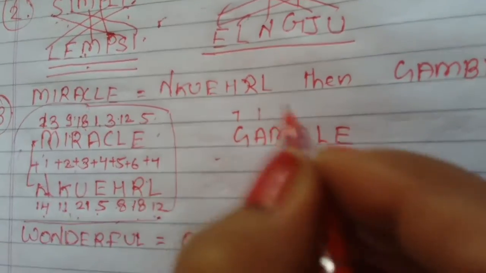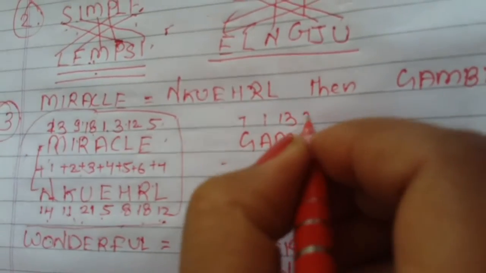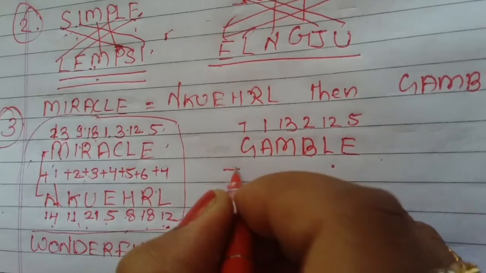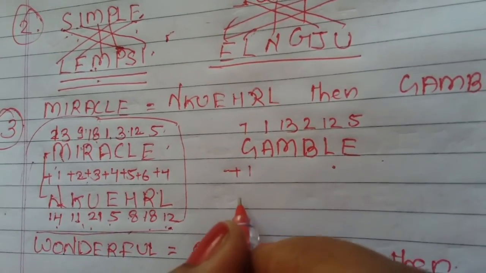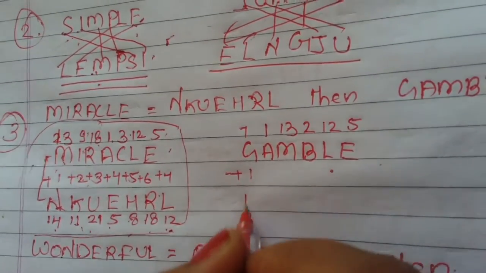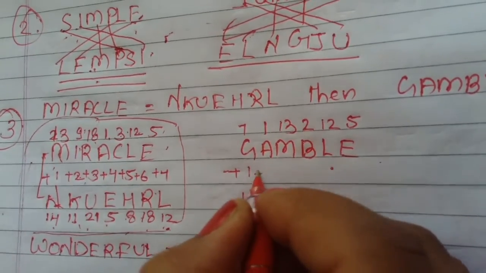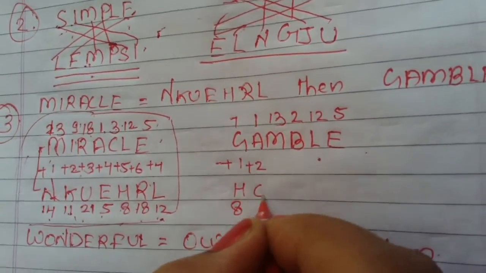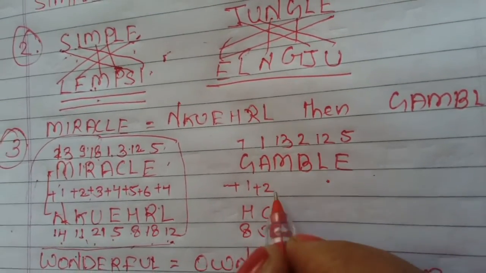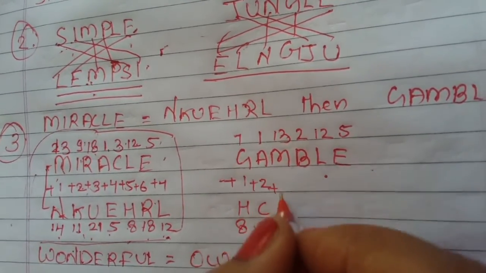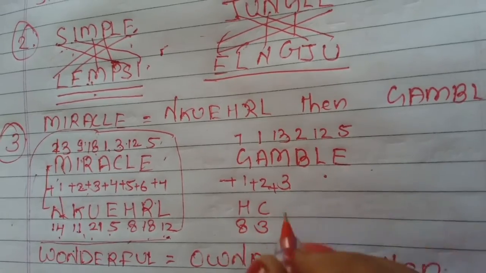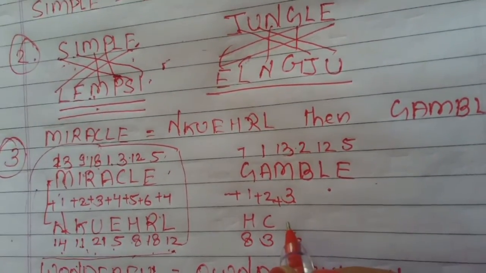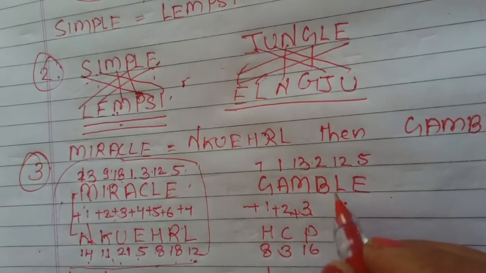G 7, A 1, M 13, B 2, L 12 and E 5. Then 7 plus 1 is 8, and H comes on 8. 1 plus 2 is 3, and C comes on 3. M, 13 plus 3 is equal to 16, and that is P on 16.